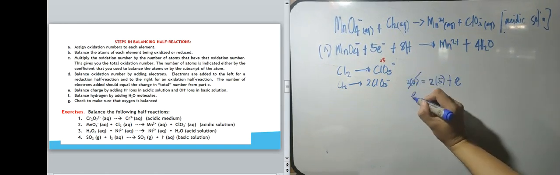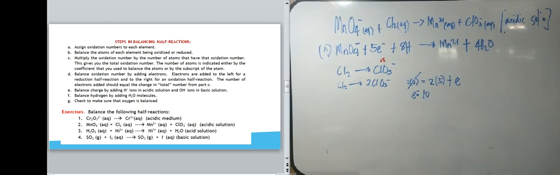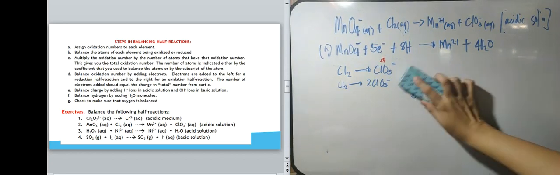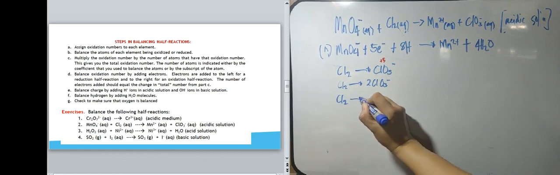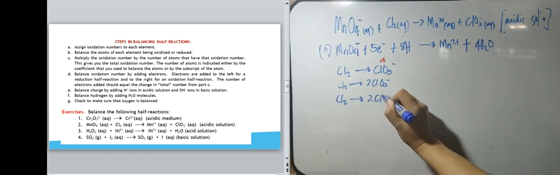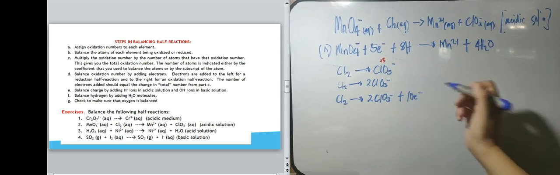So electron is equal to 10. Right? So we should add 10 electrons. Okay. So Cl2 to ClO3 negative plus 10 electrons.